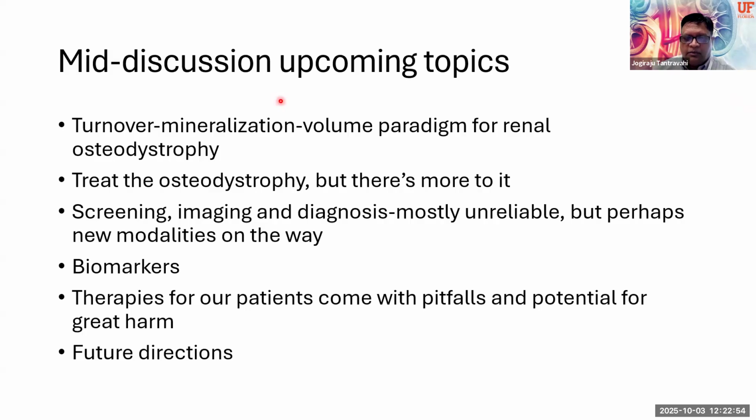The paradigm for renal osteodystrophy has changed somewhat into what we call the turnover-mineralization-volume paradigm. We need to treat the osteodystrophy, but there's more to it. There are limitations to our screening, imaging, and diagnosis. They are mostly unreliable, but I think there are new modalities on the way. We can discuss bone biomarkers, which may or may not be ready for prime time.